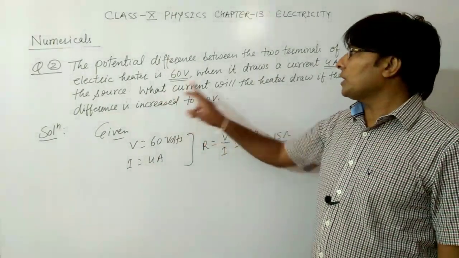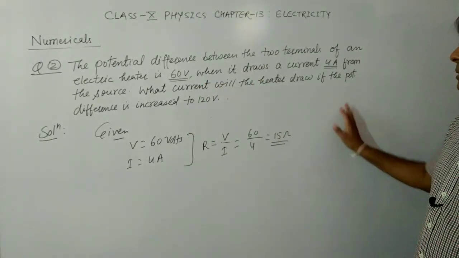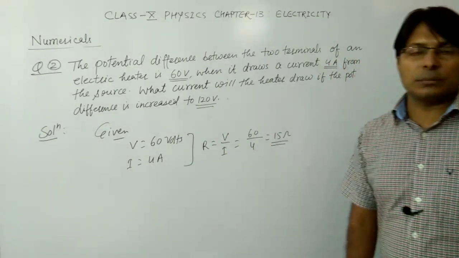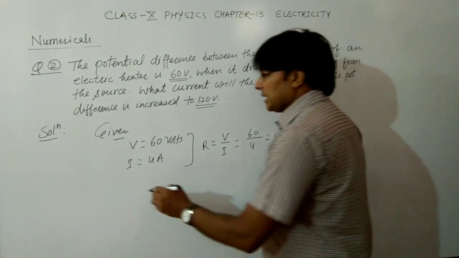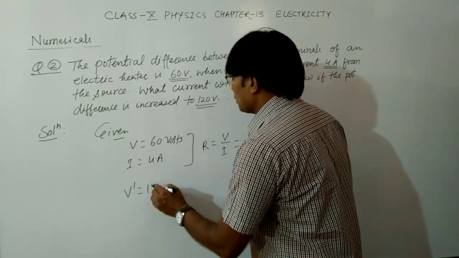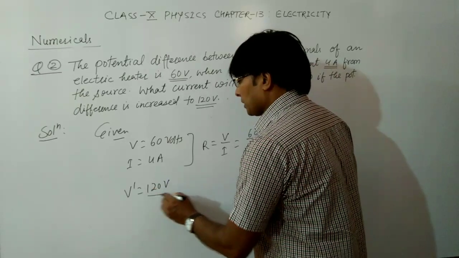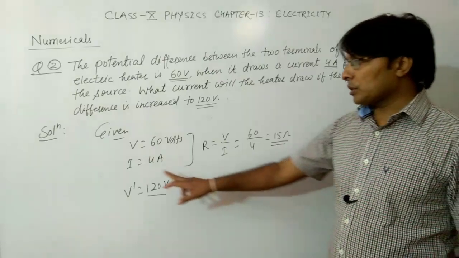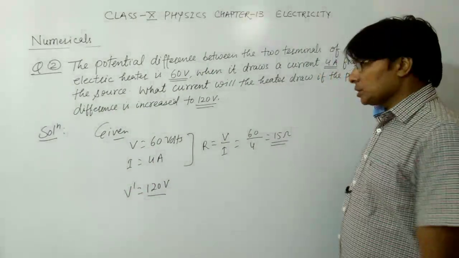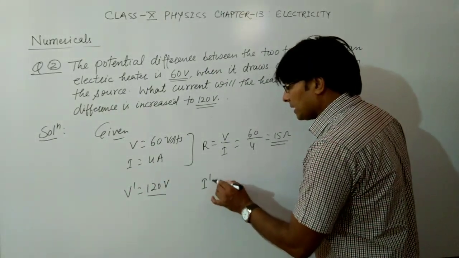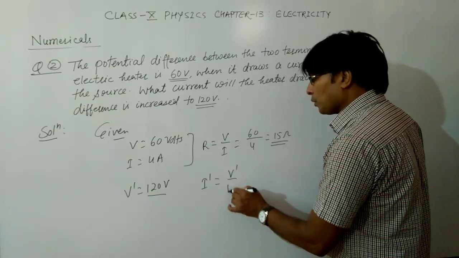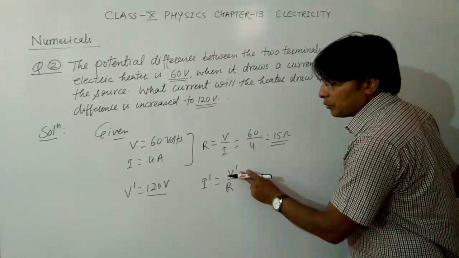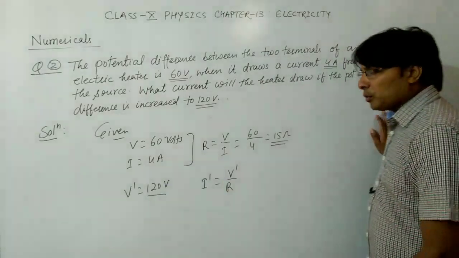Okay, now what current will the heater draw if the potential difference increases to 120 volt? Suppose the potential difference increases and it becomes V dash is equal to 120 volt. Then definitely, since resistance is the same, the current will also increase. So now the value of current will be I dash is equal to V dash upon R, and R we will use 15 ohm, and V dash is 120 volt.